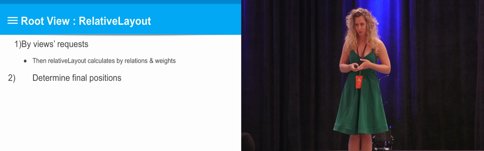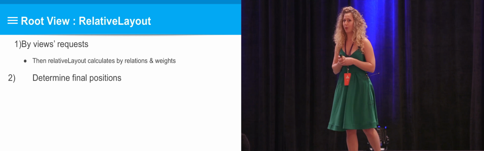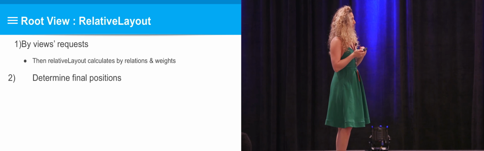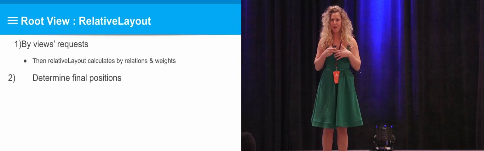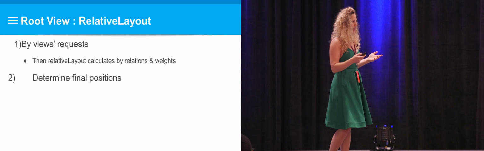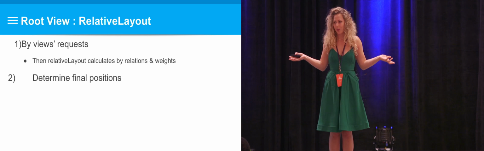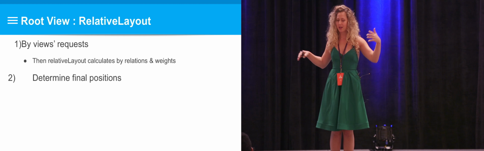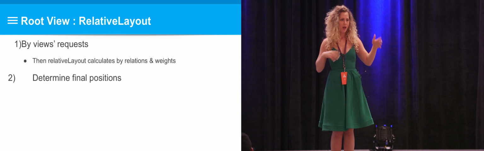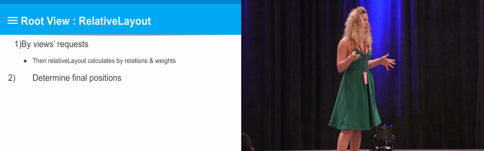For example, for the relative layout that we often use, it is always going to have two passes. Because in one pass, every view is going to just say wherever they want to be. Next to this view, behind that view, everyone's going to say whatever they want.